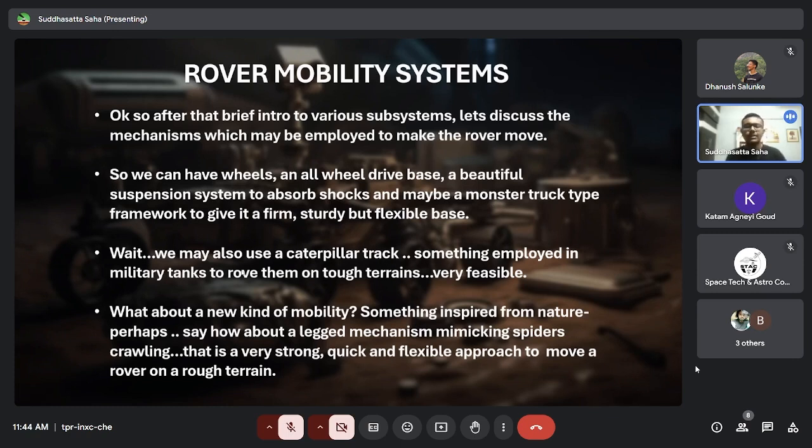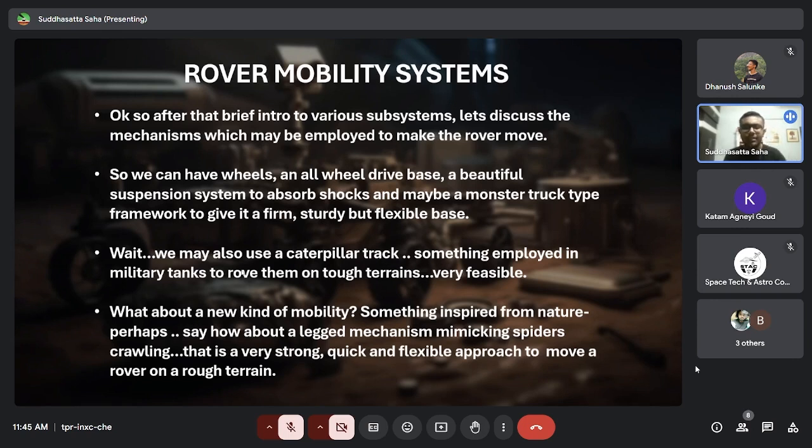So a caterpillar track can be deployed as a mobility system for them to rove. But various subsystems have been subjected to various degrees of failures, and only the best mobility system has been selected so far and is in action.